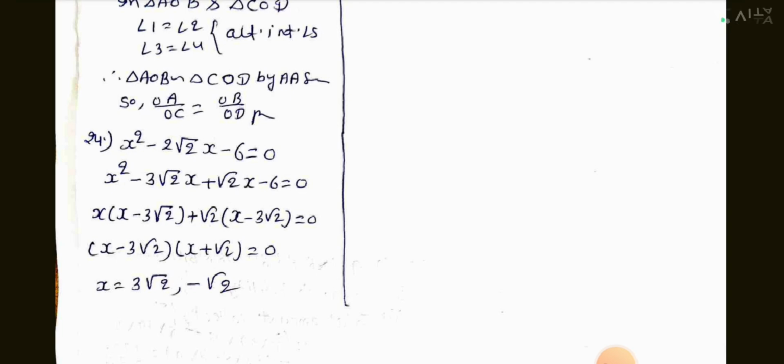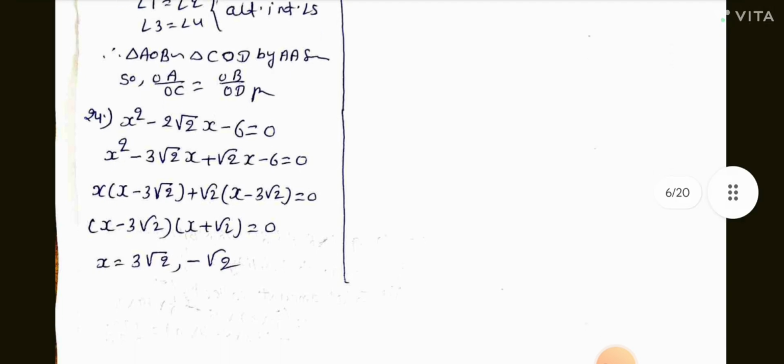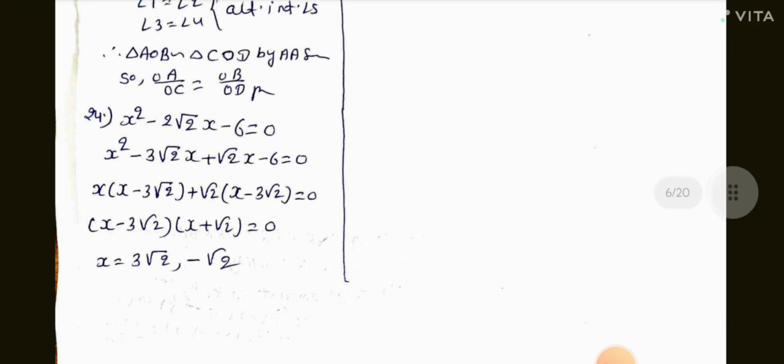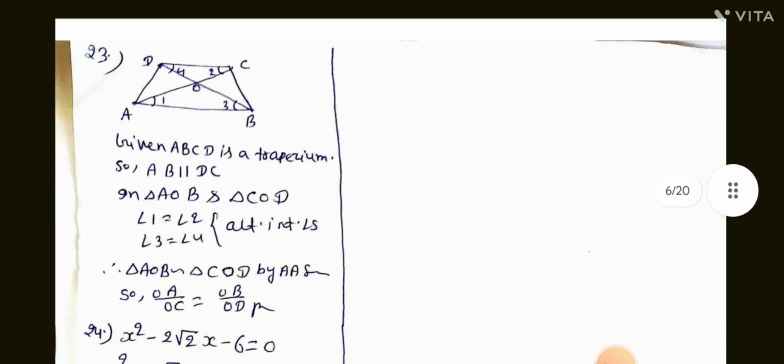If we take the common x, it will be x minus 3 root 2, and if we take plus root 2 common, then it will be x minus 3 root 2, and the two factors will be x minus 3 root 2 into x plus root 2. The values of x are 3 root 2 and minus root 2. So these are the 2 roots of that quadratic equation.